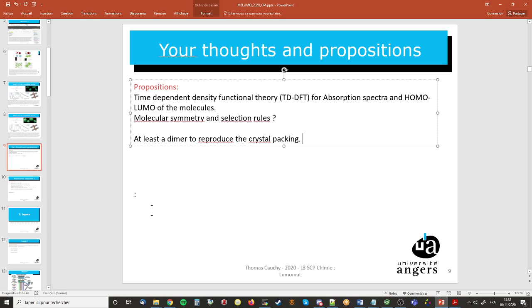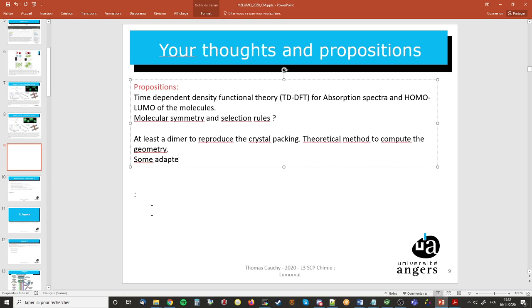Maybe a basis set using polarization. What's the name? Polarization functions, and also on heavy atoms. So 6-31+G(d), for example, to obtain the optimized structure.